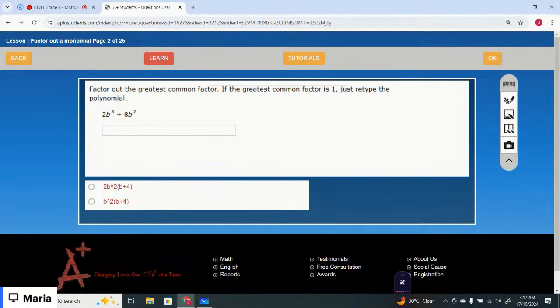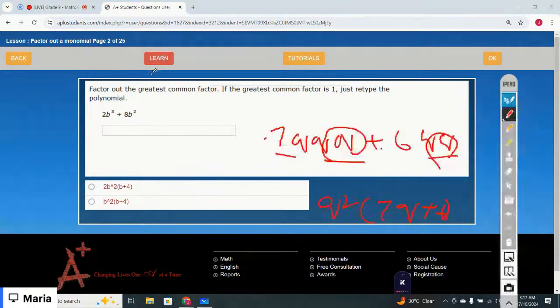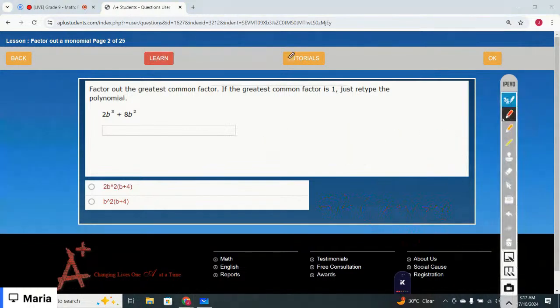The correct option is the first one. Why not the second one? You can see that it is 2b, b and b. You can write 8 as 2 times 4, b and b.